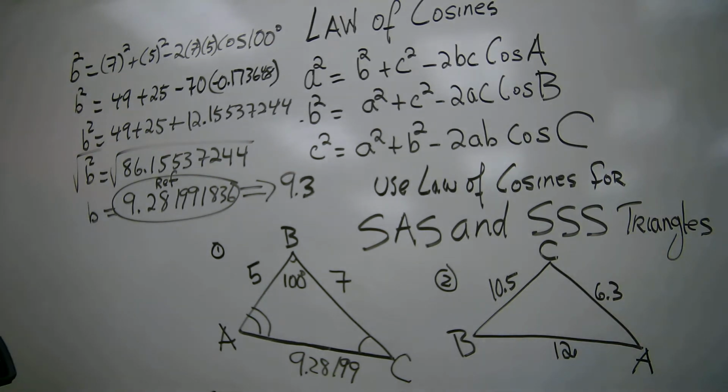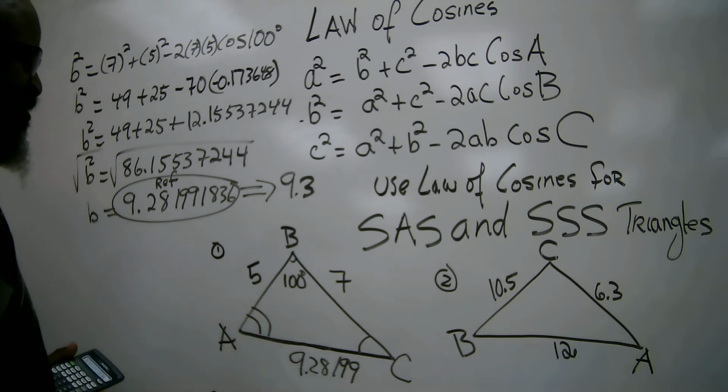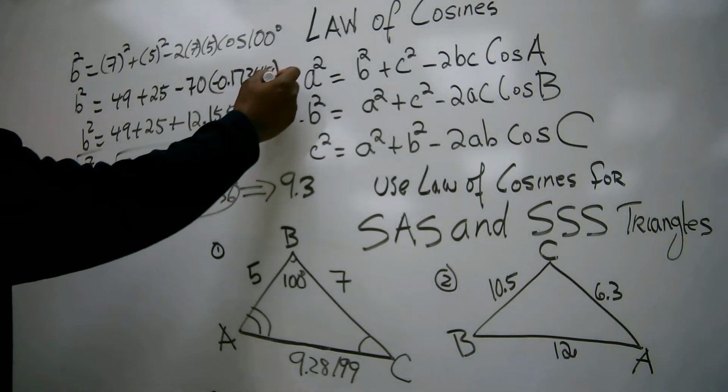So we get that. Now we will have to find one other angle. If I can find either angle A or angle C, I will be in business. Alright, then I will see if I can find angle A. In this case, I will use this formula where it says A squared.